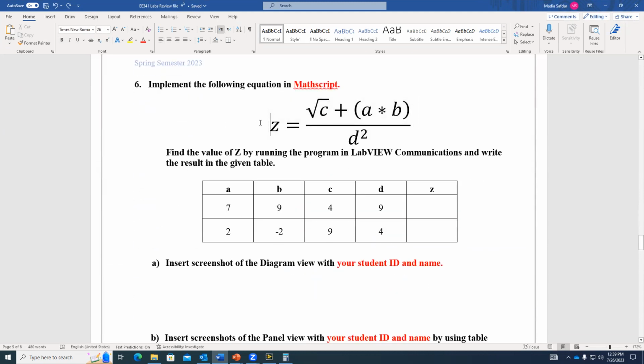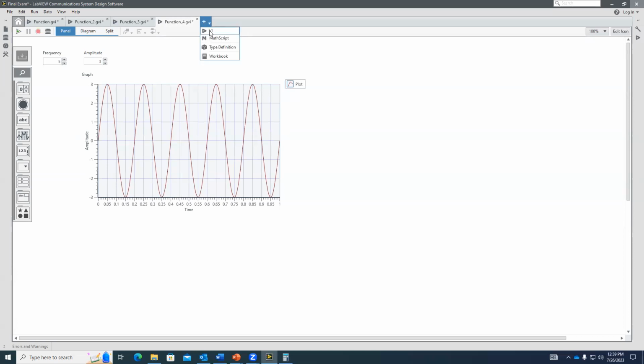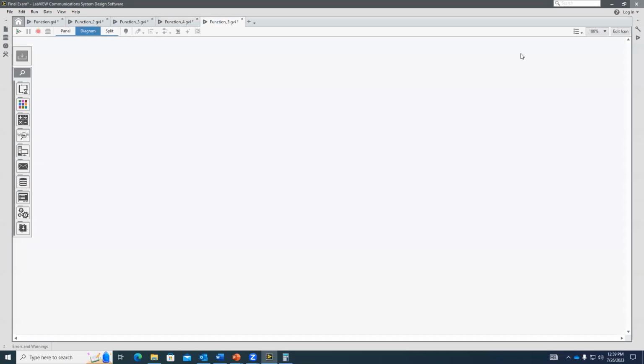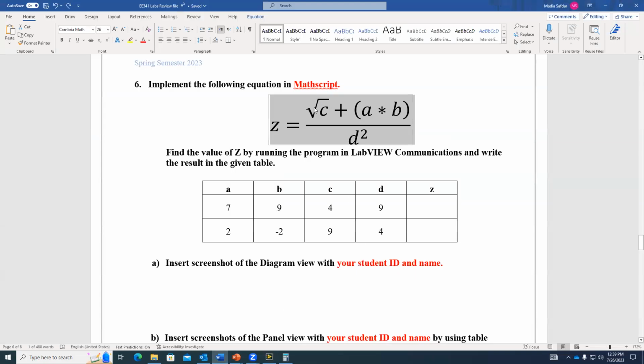Now this equation, this is the equation you have to solve it using math script. Okay. You can write this equation in math script also. How you can do it? I copied the equation. I go to the new VI, diagram. This is my equation. It is square root of C plus A multiplied by B, over D square. So I will first solve the numerator, then I will solve the denominator.